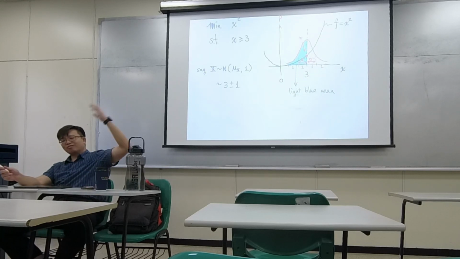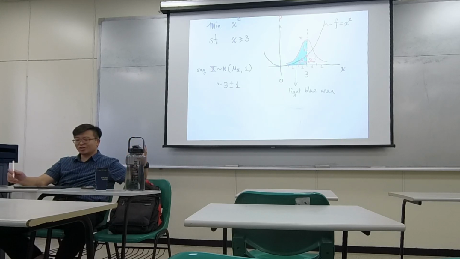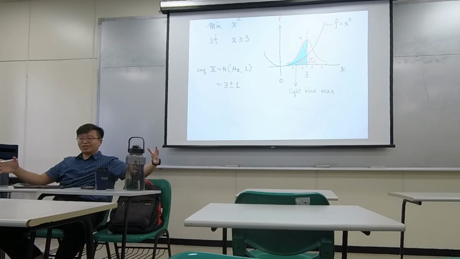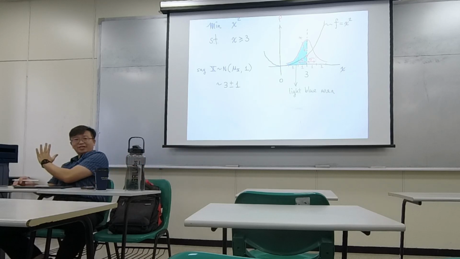Can anyone tell me what's the probability of the light blue area? If the whole distribution is 100%, then half of it is half of 100%. So 50%.